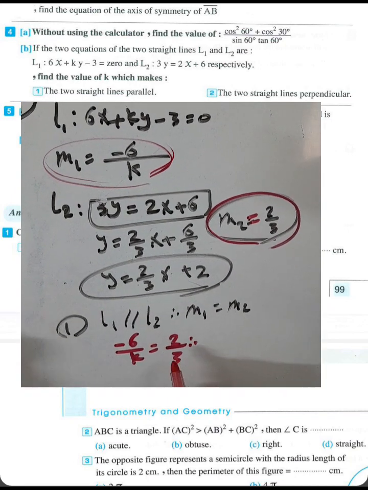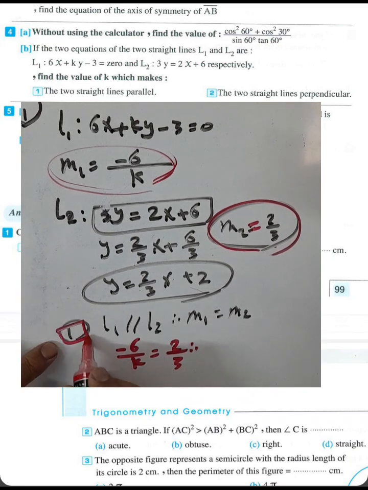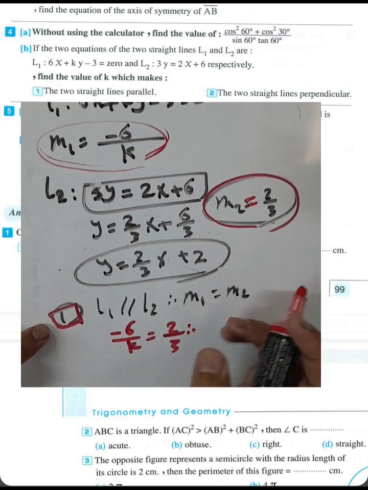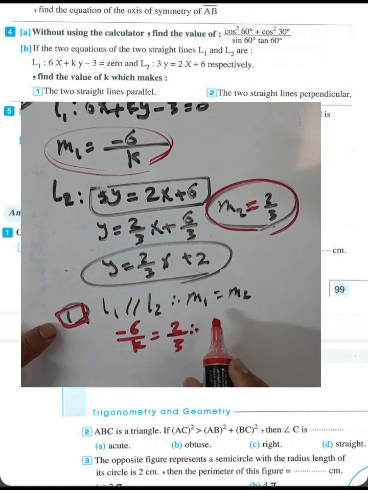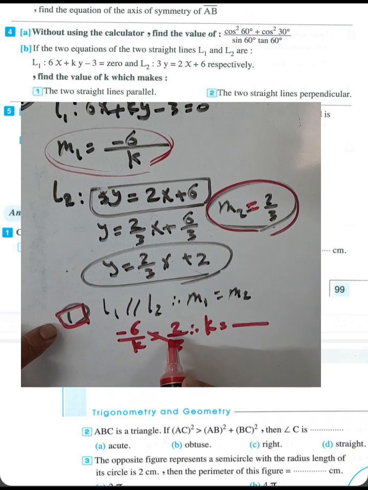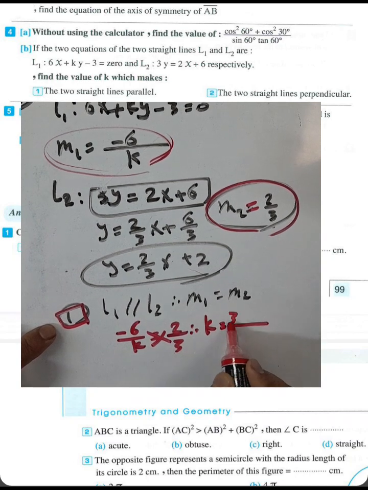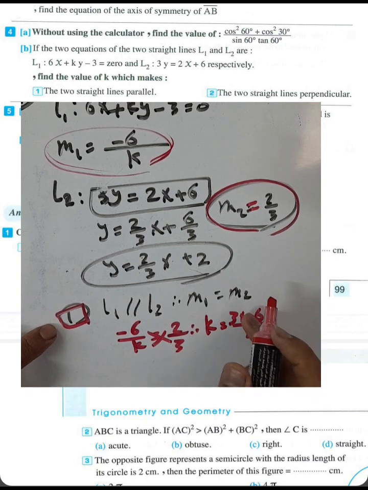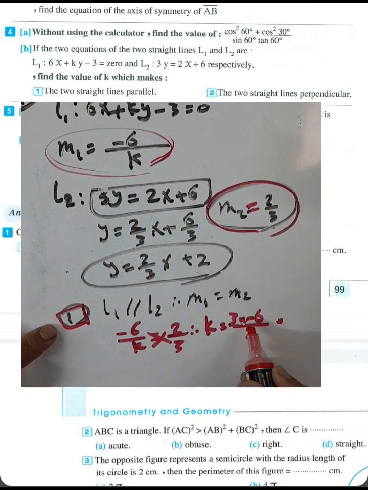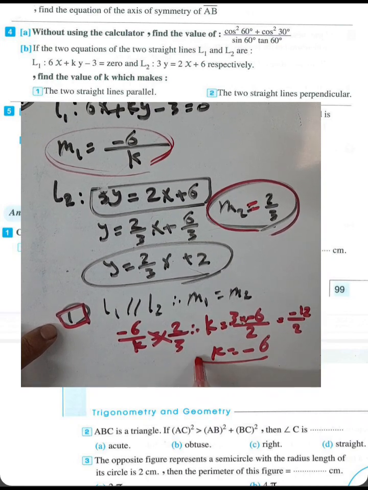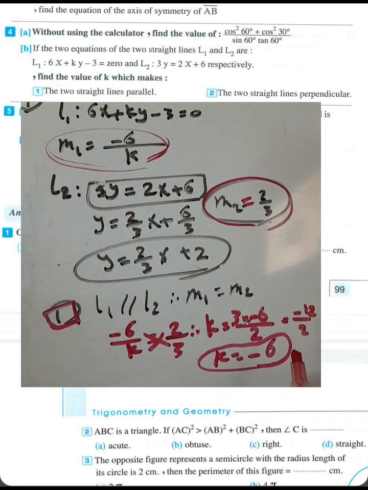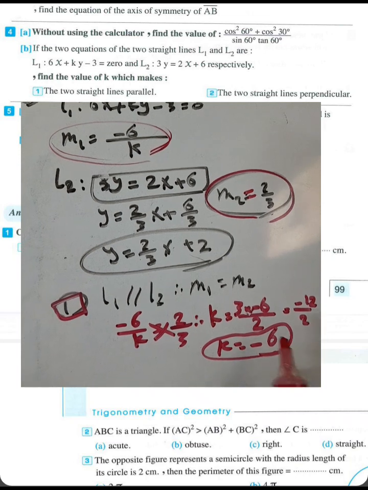Understood? He gives us L1 parallel to L2 and wants to find k. We find k by using product of extremes equals product of means: 3 times negative 6, which is negative 18, divided by 2. The value of k will be negative 9.